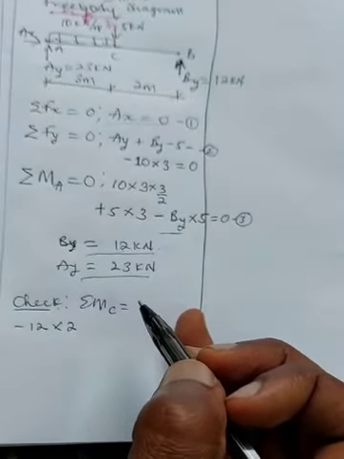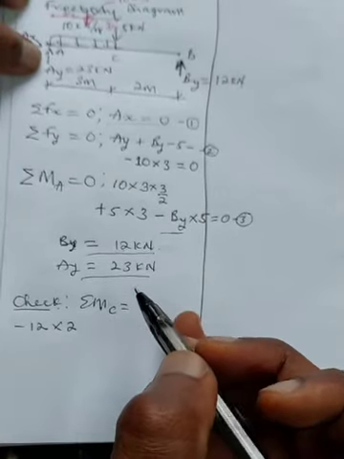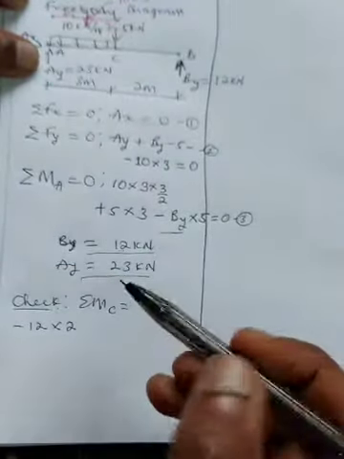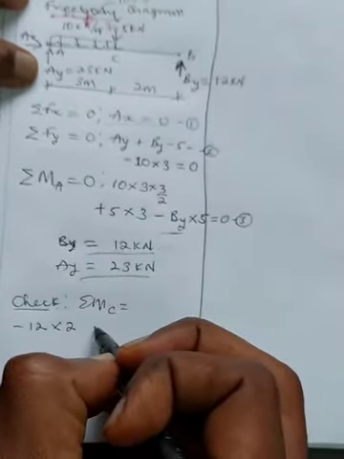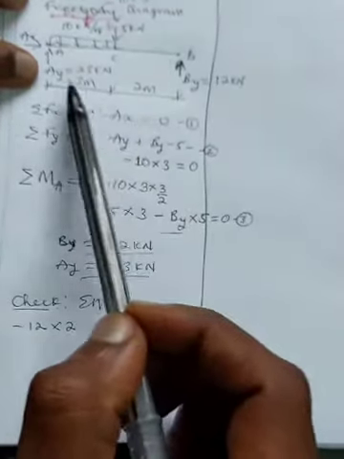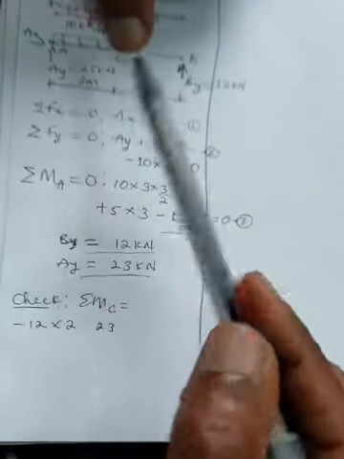Next, let's look at the forces to the left. To the left-hand side, we have this force 23, the reaction Ay. So we have 23 times the perpendicular distance from Ay to point C, which is 3 meters.